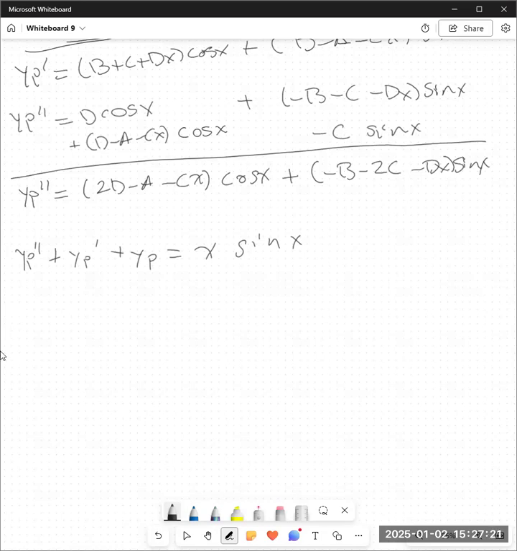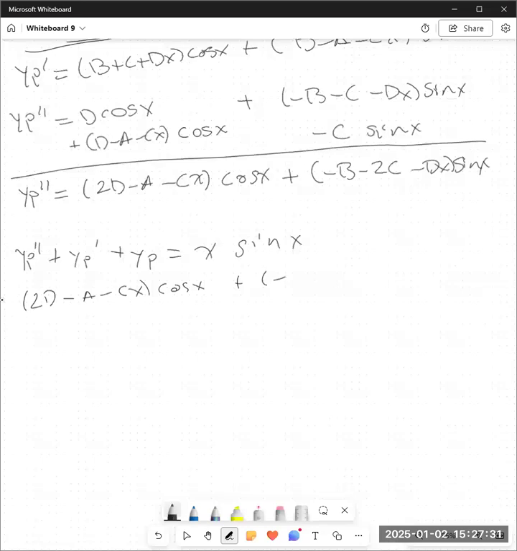So 2D minus A minus Cx cosine of x plus negative B minus 2C minus Dx sine of x.